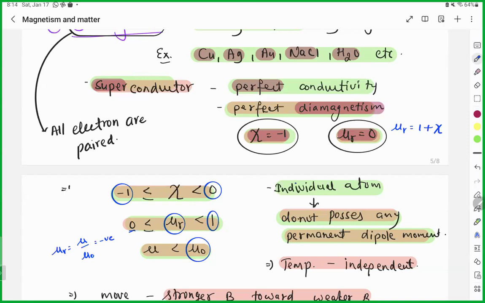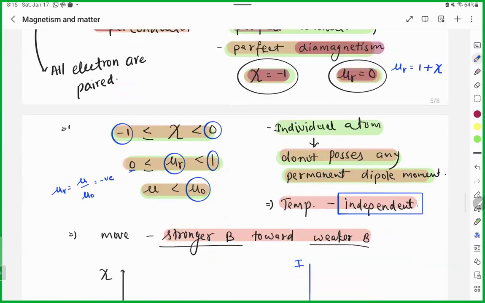If it is for the individual atom, there will be no permanent dipole moment, because if there is a dipole moment, there is a movement of charge, then it will be paramagnetic. And it does not depend upon the temperature. Even if you change temperature for the diamagnetic material, it does not matter.